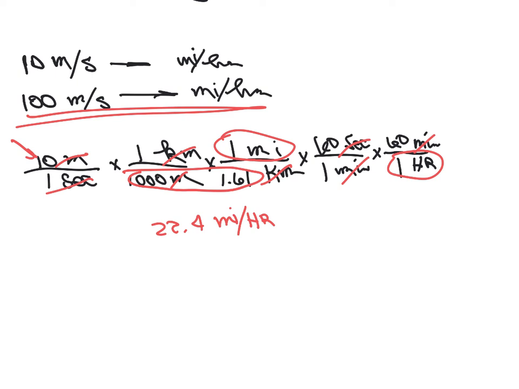So when I change that to 100, I just basically add a 0 to my answer, or move my decimal point over 1, I get that. So my two speeds are 10 meters per second, which is 22.4 miles per hour, and 100 meters per second, which is 224 miles per hour.